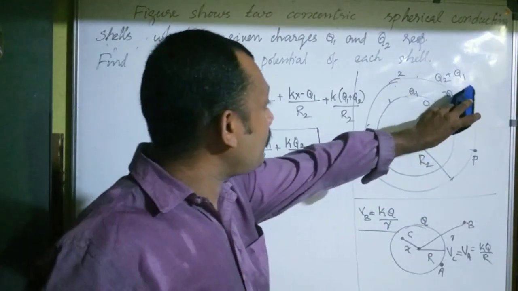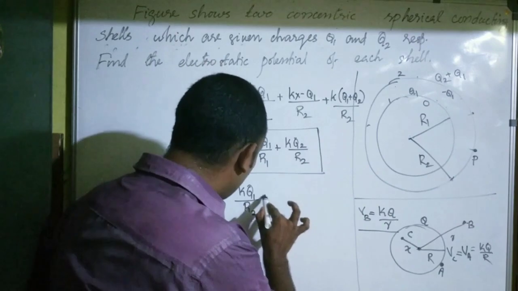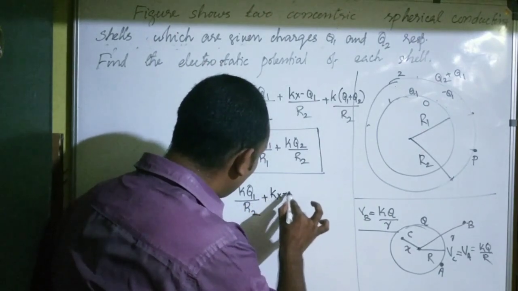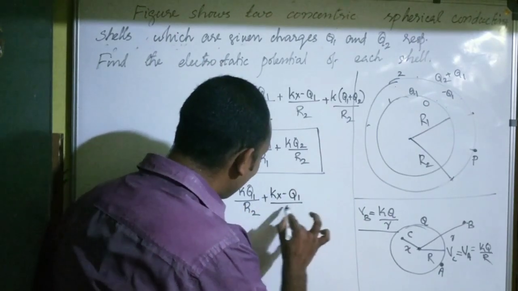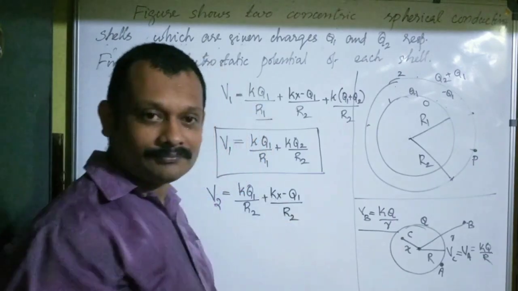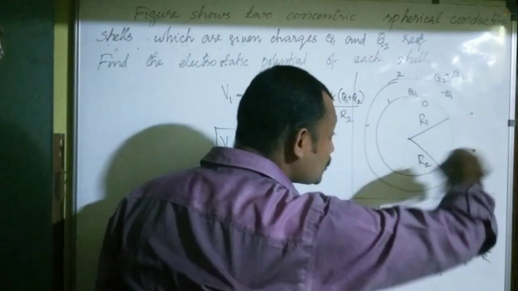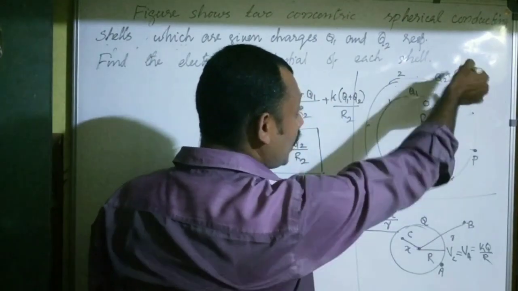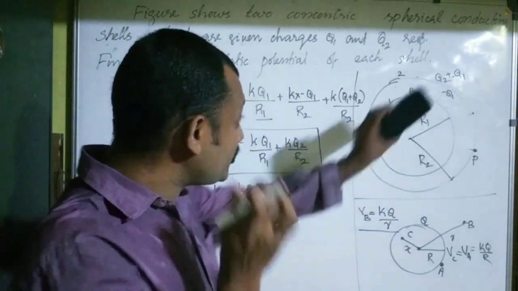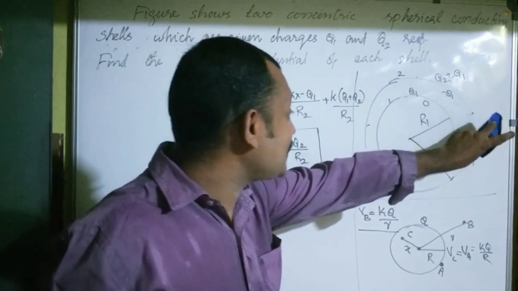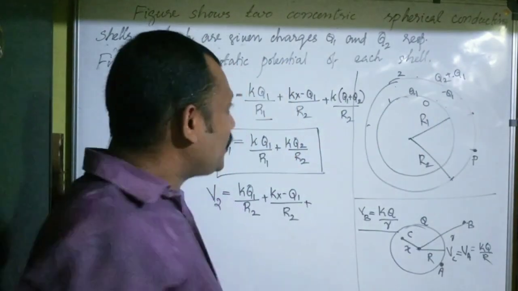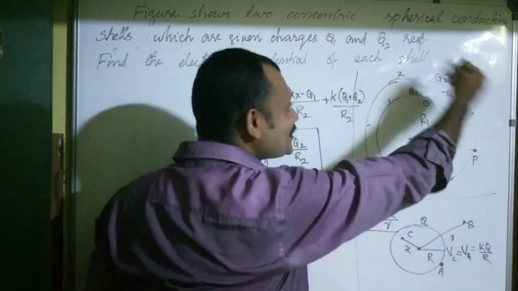Now what is the contribution from minus Q1? It's very simple. Plus K into minus Q1 divided by R2. Plus, what is the contribution from this one? Minus Q1 and this are on the surface. What's the contribution from this one at the surface of this one? It's very simple because this charge is located on the surface of this one.